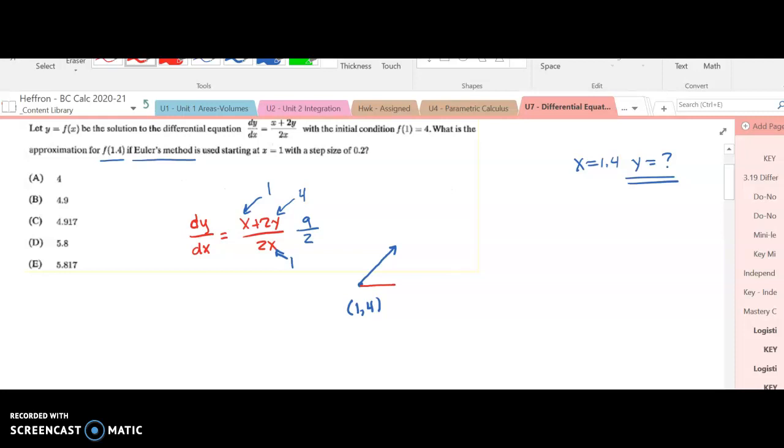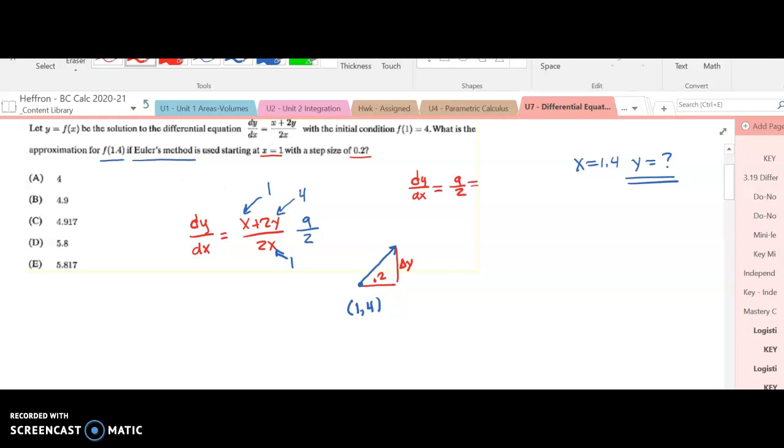And we don't know how far we go, but they say, okay, starting at 1 with a step size of 0.2. So now I know how far I go. We could think of it lots of different ways. You could find the delta y this way: my dy/dx is 9/2, I know that.